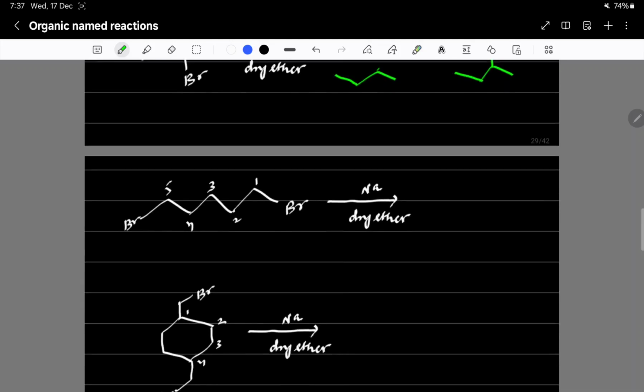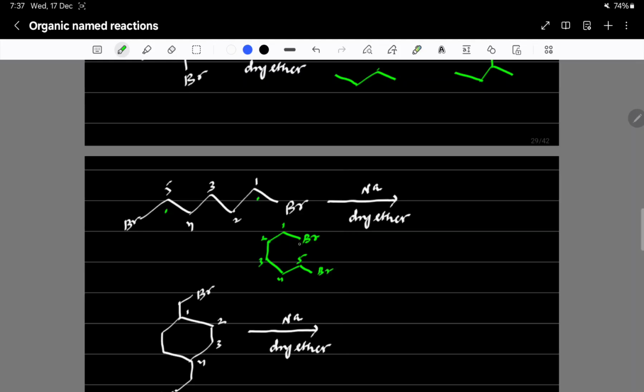Now look at this. This is a 1,5 compound, 1 2 3 4 5, right? 1,5 position. So here it will be one radical and one radical. So generally it undergoes like this. For example, you can write this is a Br radical, and this is 1, 2, 3, 4, 5, and you can write Br.